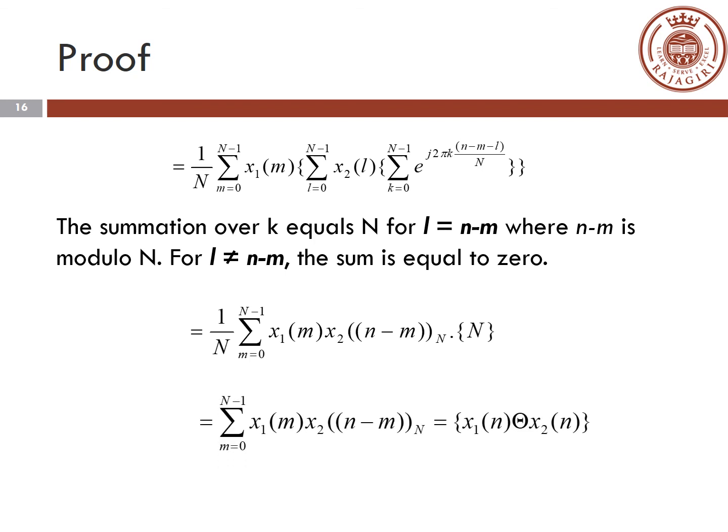So this 1 by n and this n get cancelled off. What is left is sigma m equal to 0 to n minus 1 x1 of m x2 of n minus m circularly shifted. So this is what is referred to as the circular convolution. This proof is very important, and this property is also very important because it can be used to process signals very easily and efficiently.